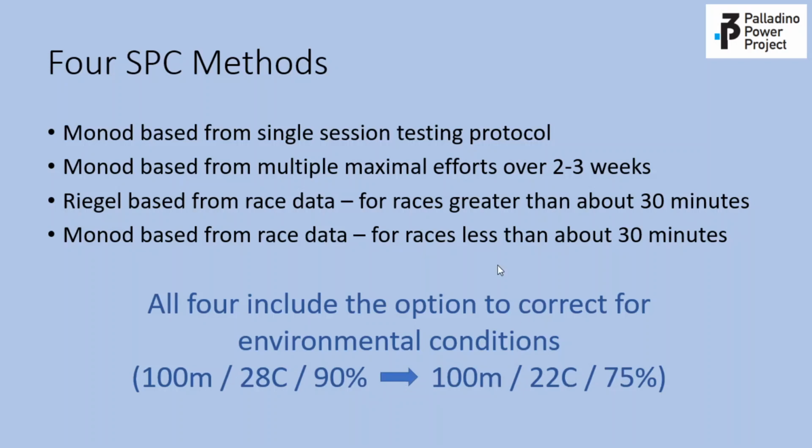Whatever the FTP or CP estimate is, you can convert it, built into these calculators. So it not only gives you your FTP and CP for the conditions in which the race or the testing was done, but it also allows you to convert it to the conditions that you normally train in. I think those are some important points.